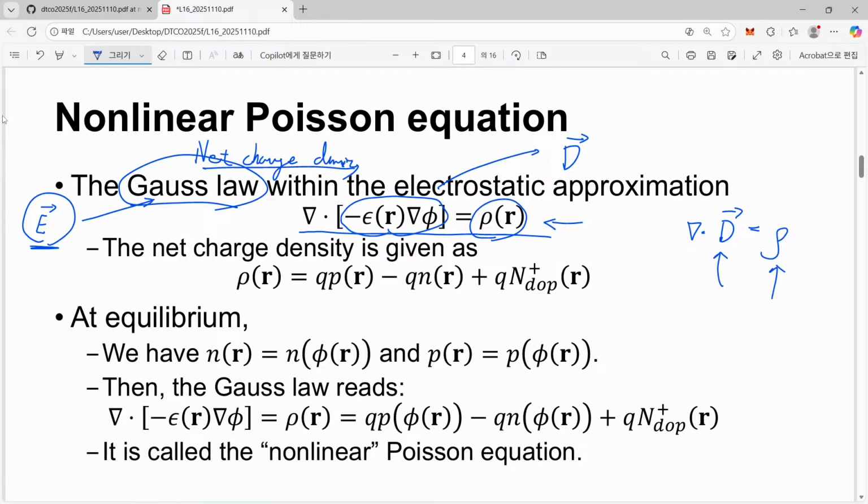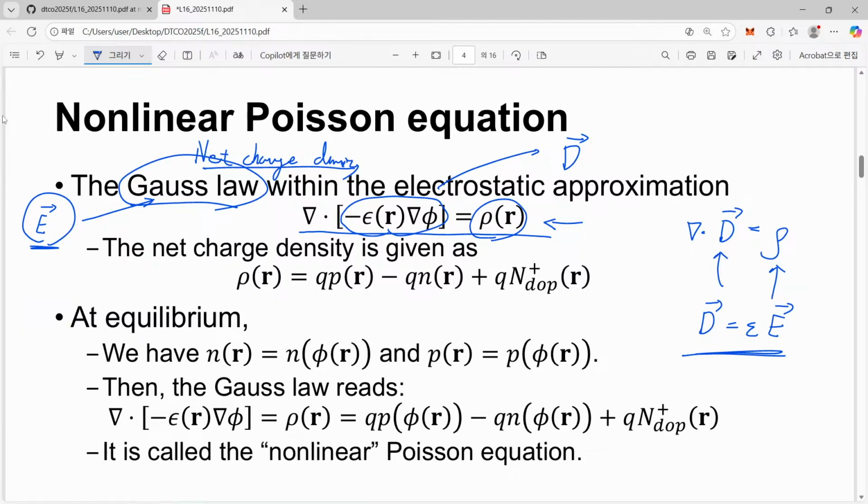And since this displacement vector and electric field are quite much related within simple media, in this case we can say that net charge density generates electric field. That is the Gauss law. We must satisfy this Gauss law everywhere, because this is a part of Maxwell equations.